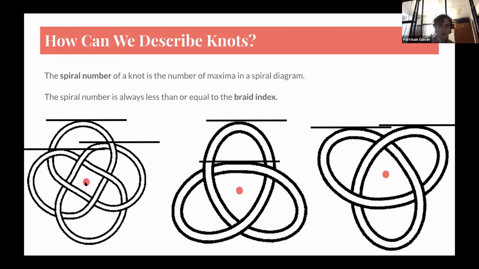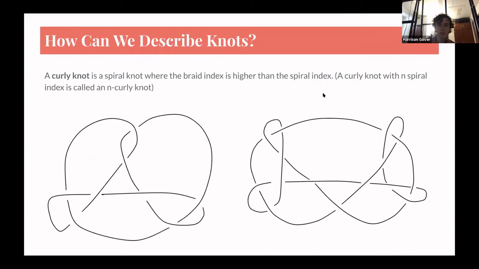You can see here that these are all braid diagrams. The braid diagrams each have a center around which the knot travels. But sometimes that's not equal to the braid index, and that's where we get into curly knots. Curly knots have a braid index that is higher than the spiral index. You can see that in both of these depictions, the knot is constantly moving in a constant direction.